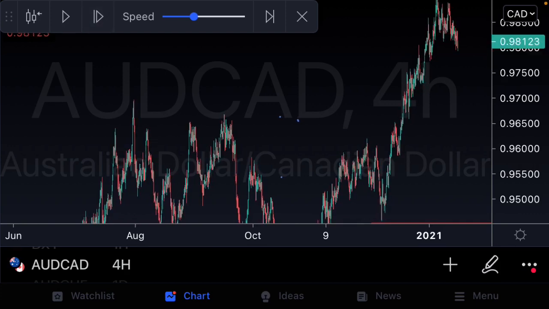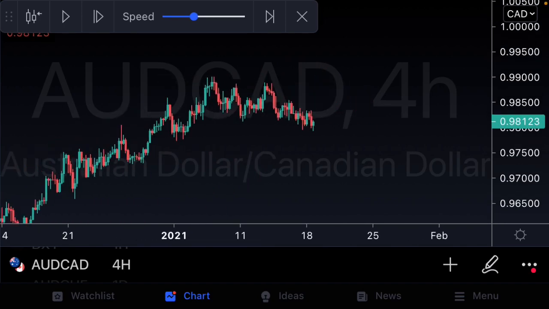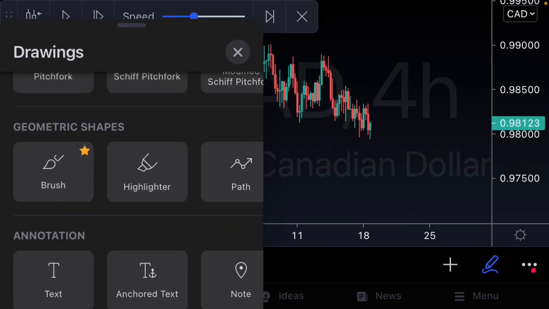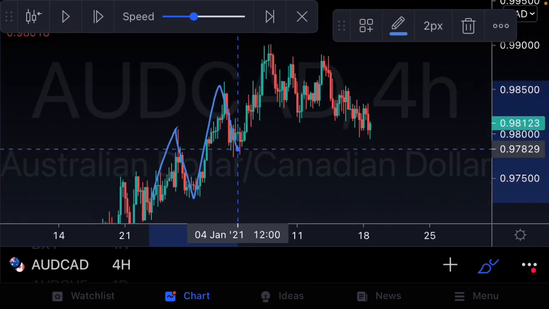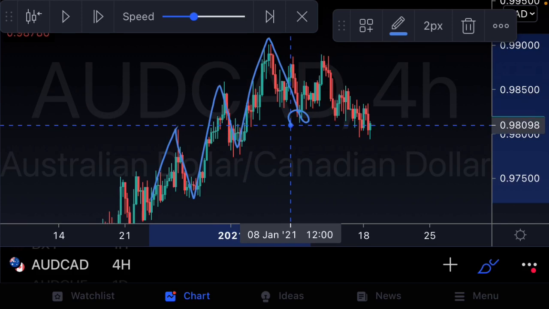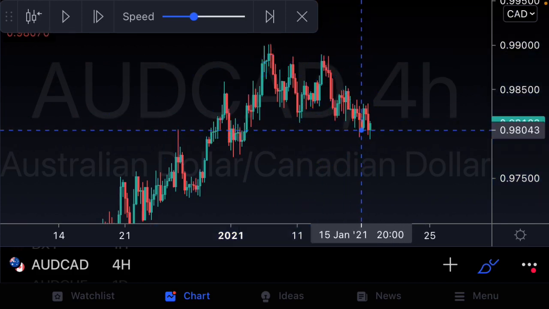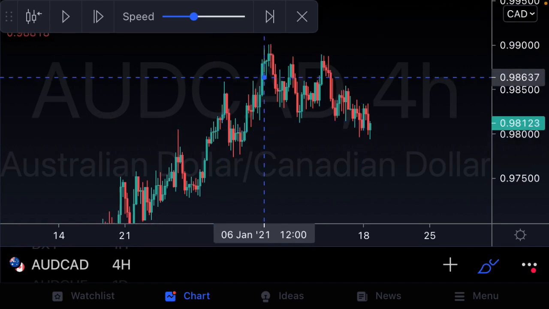Now, one thing I can note, if we extend to the point where we can see our individual candlesticks, is a change in order flow. So we have resistance, support, resistance, support, resistance, and support. What we then see is a lower high and then obviously a new lower low. So if we use the terminology from our first video, as prices are breaking resistance areas, we're seeing signs of strength.